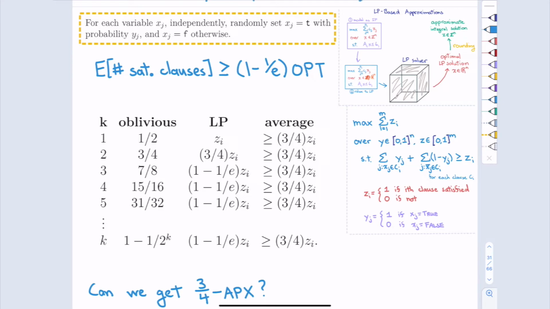All right, so what I'm saying is that we have 2 algorithms, and it feels like their average, on a per clause basis, would give us a 3/4 approximation. But we don't actually have an algorithm that gives us a 3/4 approximation. This is just suggestive. So the question is, how can I combine the 2 algorithms and get a 3/4 approximation?